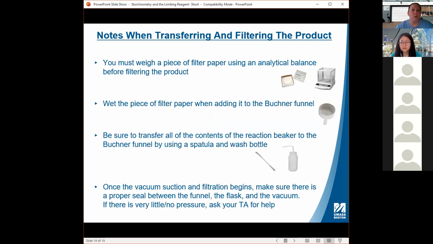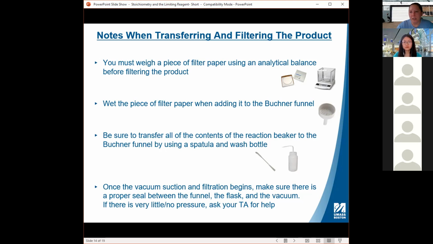Okay, so when we are filtering, we want to pre-weigh whatever we are measuring our product on. In this slide, it says the filter paper. This is not recommended. Usually, you would transfer the solid that's on the filter paper to a different vessel.